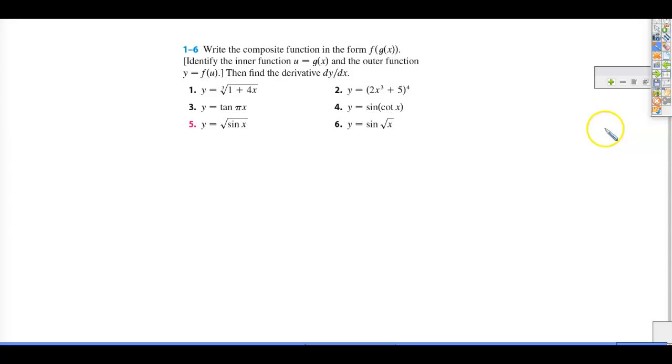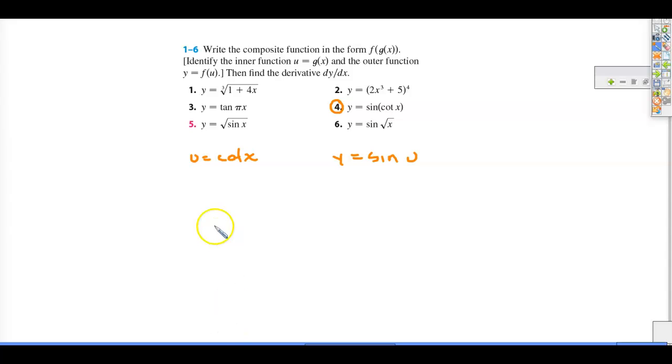So when you take a look here at this example, it says, write the composition in the form of f of g of x, identify the inner function, identify the outer function, and then find dy dx. So if you take a look here at, let's say, 4, what this is going to illustrate here is u is going to equal the inside function, which is cotangent x, and y is going to equal sine of u.